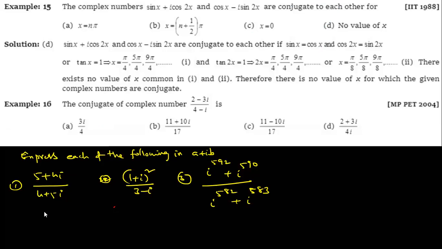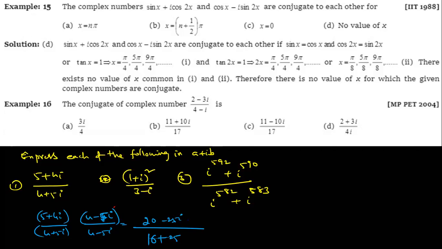Okay, what is the procedure? 5 plus 4i by 4 plus 5i, rationalizing with 4 minus 5i. What is the denominator coming here? 16 plus 25. So the numerator is 20 minus 25i plus 16i minus 20i square, which is plus 25... To simplify, anyone? 45?